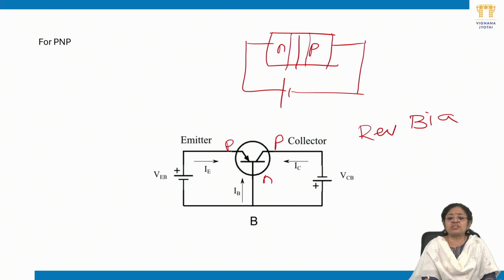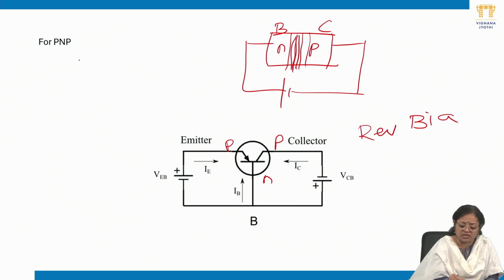We know that the base is lightly doped, and the collector is heavily doped compared to the base. The depletion width extends more into the lightly doped base, so the depletion width increases more into the base as compared to the collector.